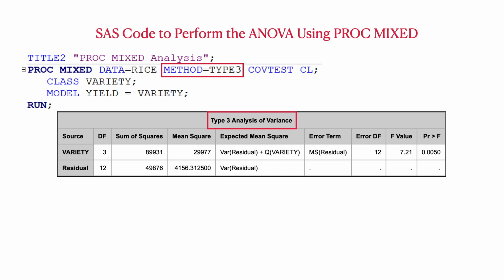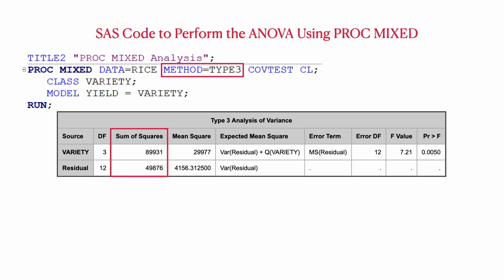This is the same type of analysis that PROC GLM does. And so you can see here that we have a column in this table for degrees of freedom, as we did when we obtained the results from PROC GLM. So we have 3 treatment degrees of freedom and 12 error degrees of freedom.